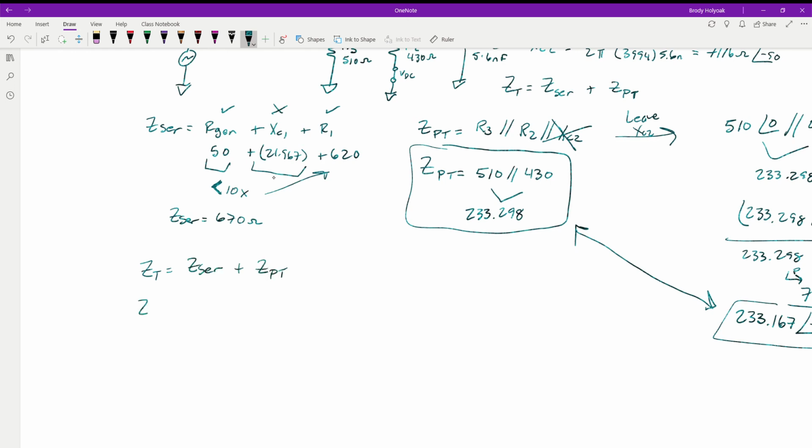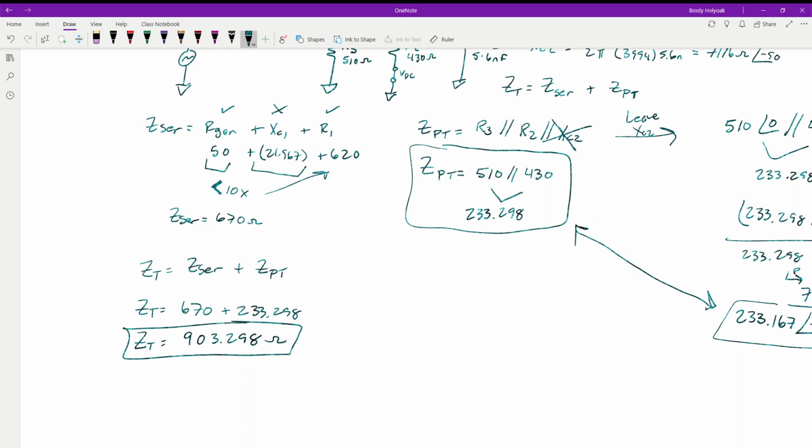So we end up with 670 ohms plus 233.298 ohms, and we end up with a grand total of 903.298 ohms. That is the total impedance of the circuit.